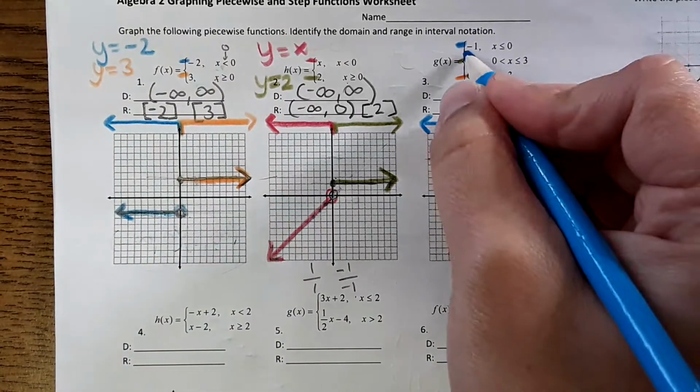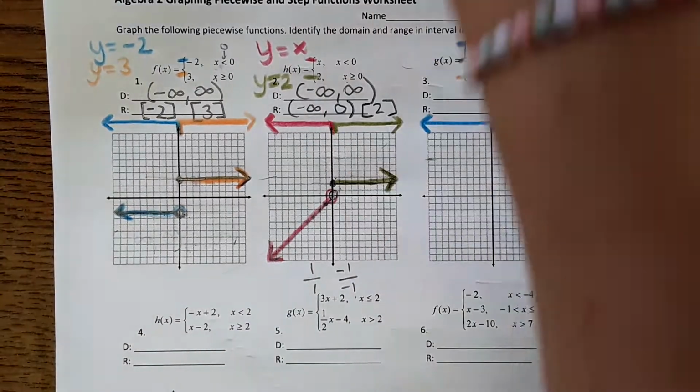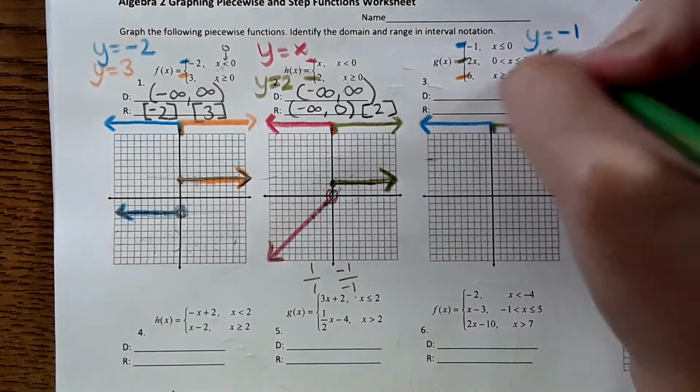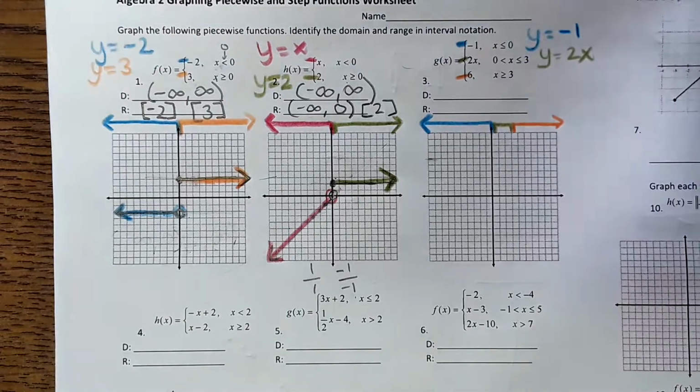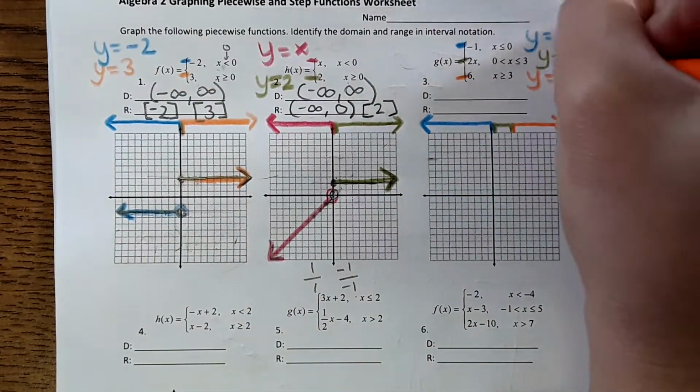Then y equals -1 for blue, y equals 2x for green, and for orange, y equals 6.